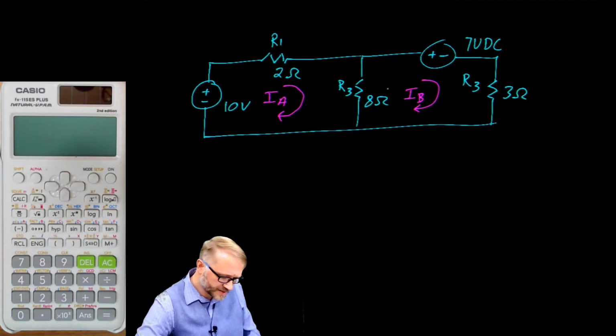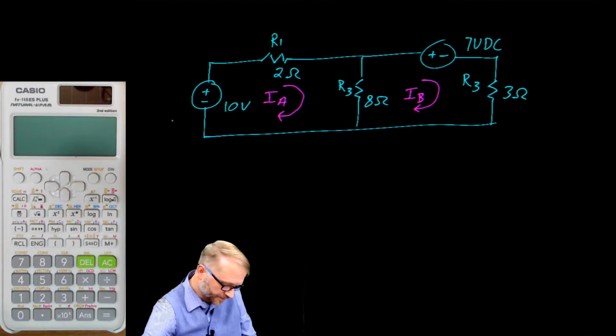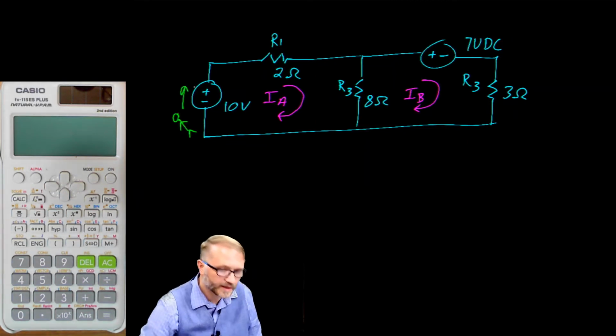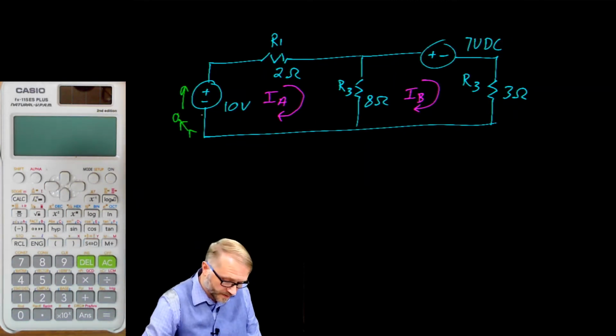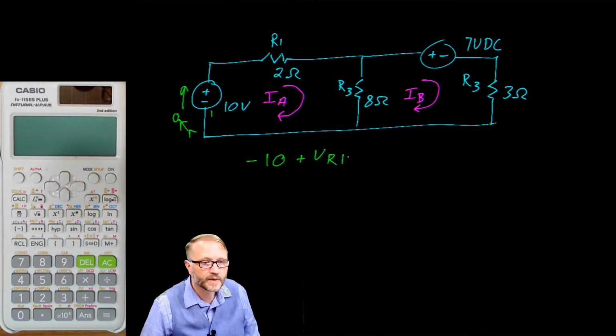Well, how do you solve this? The answer is always the same. Muscle memory. Start in the lower left-hand corner and take a walk. Entering the negative 10. So the first loop equation is negative 10 plus the voltage on R1. Except I don't want to write it that way.